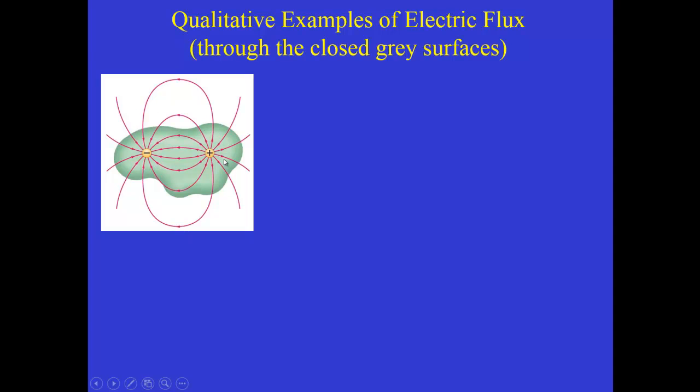If we wanted to calculate the flux through that closed surface, every field line that goes out through the surface, which means positive flux, is matched by a negative contribution from the field lines coming in. So for every field line coming out, it also goes back in, whatever flux there is outward is canceled by the inward flux, and therefore the net flux through that closed surface is zero.